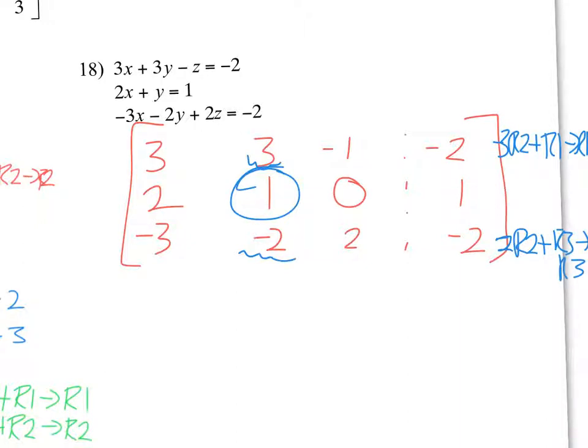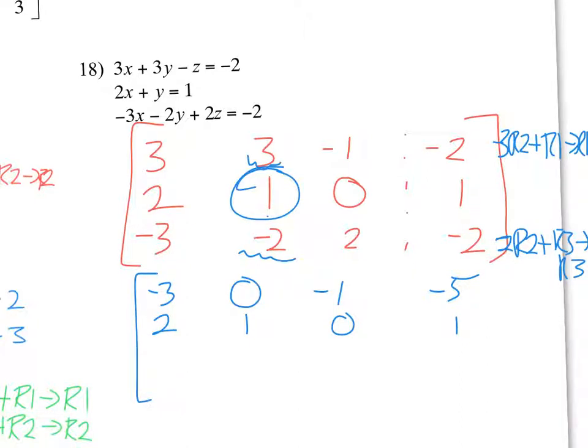So in looking at this, negative 3 row 2 will be negative 6 plus 3 is negative 3. Negative 3 plus 3 is 0. And 0 plus negative 1 is negative 1. Negative 3 plus negative 2 is negative 5. Keeping row 2 the same, 2, 1, 0, 1.